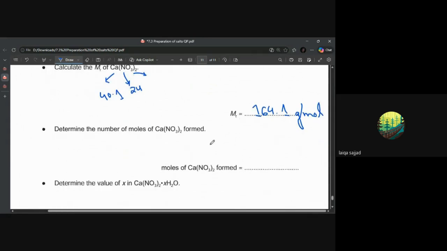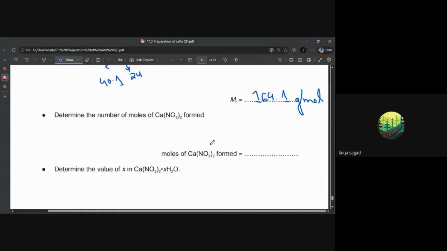You have to determine the number of moles of calcium nitrate that will be formed. We already know the formula. It's quite simple. It's simply mass divided by the molar mass.